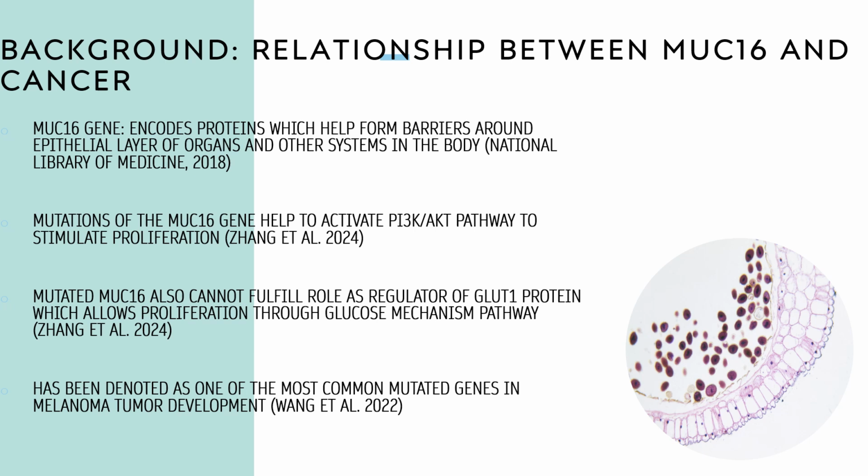Mutations of this gene activate two common pathways in cancer development, the first being the PI3K AKT pathway, which helps to stimulate proliferation, and the second is that when MUC16 becomes mutated, it cannot fulfill its role as a regulator of the GLUT1 protein, which further allows proliferation through the glucose mechanism. This gene is one of the most commonly mutated genes throughout all of cancer, and most predominantly you'll see it in melanoma in this study.